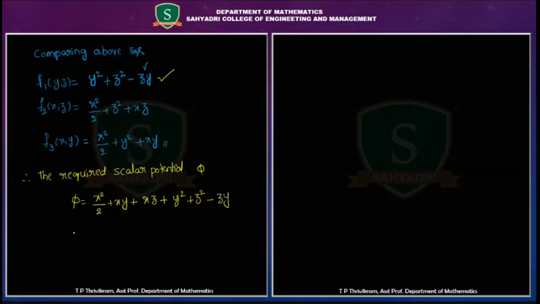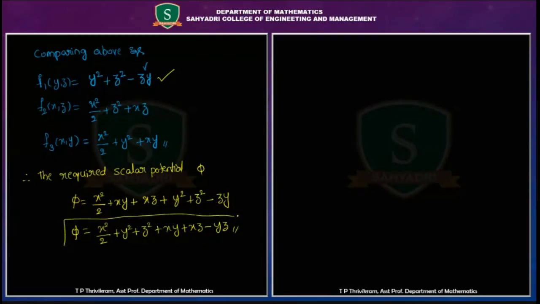If you write it in order power-wise, you get x square by 2 plus y square plus z square plus xy plus xz minus yz. So this is the required scalar potential for our given function f.